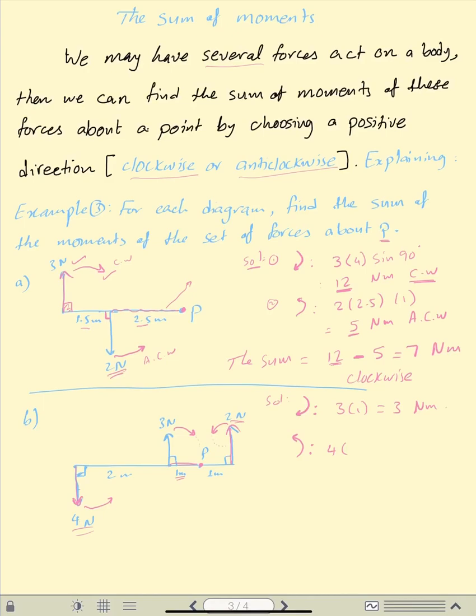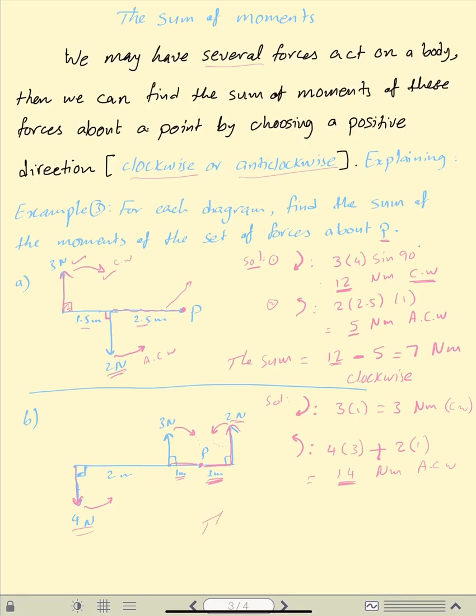Between 2 and 1, 3. So 4 times 3 meters. Since we have another one, 2 Newtons, and the distance is 1 meter. So I have 12 plus 2, 14 Newton meters anti-clockwise. And here, clockwise.